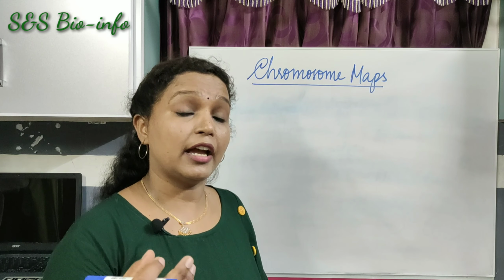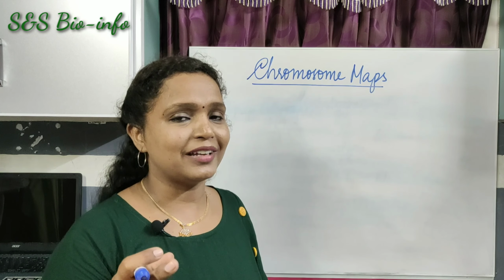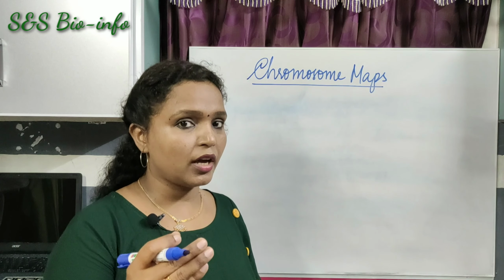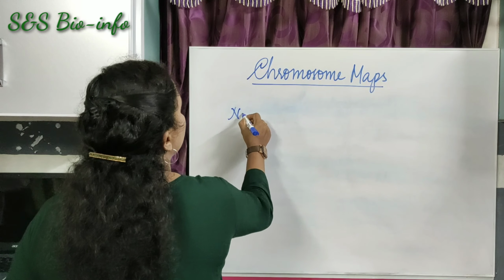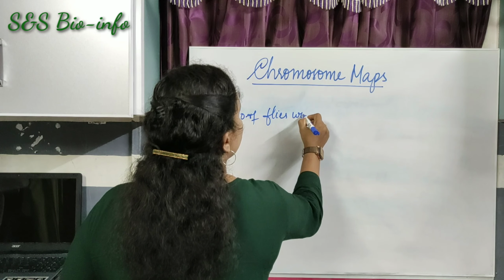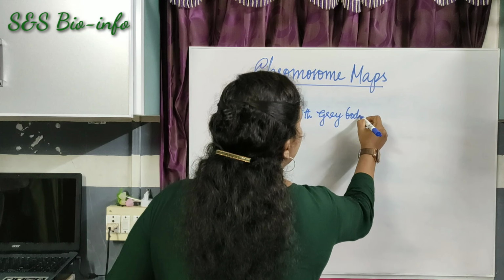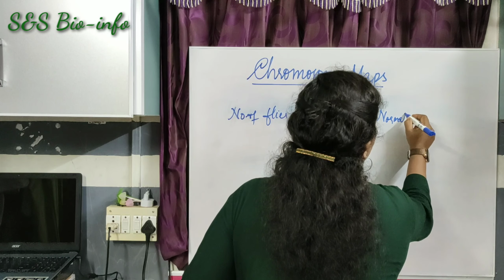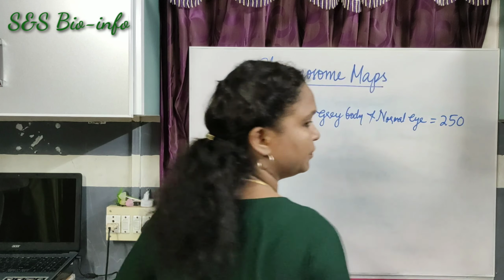Then they got the F2 progenies with both parental and recombinant traits. The number of flies with a grey body and normal eye was 250.